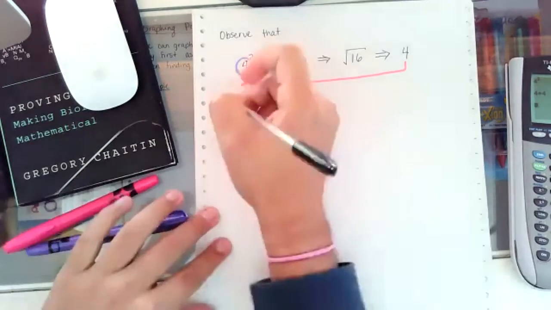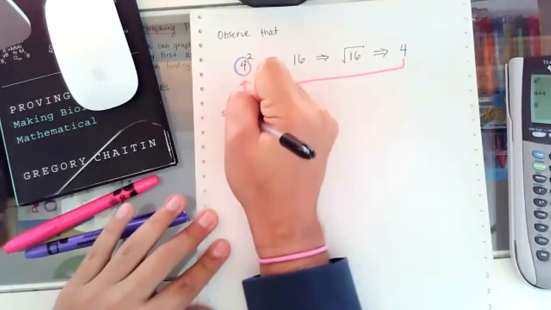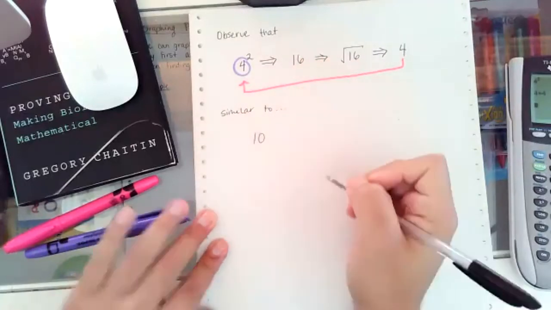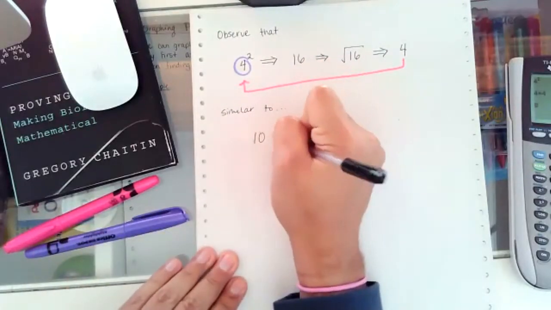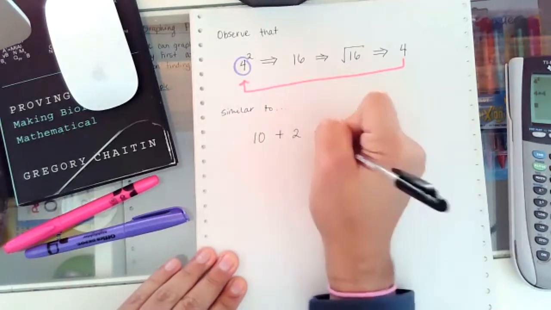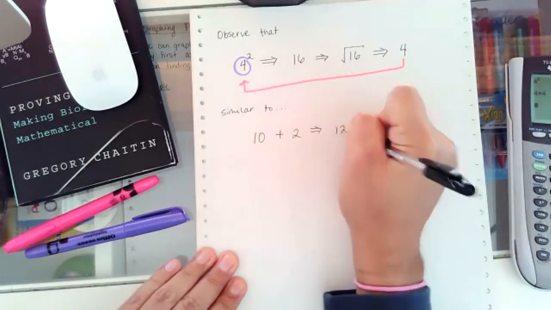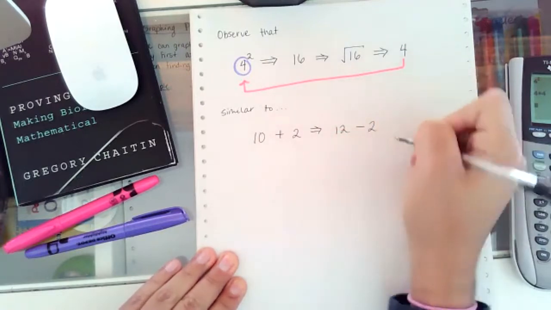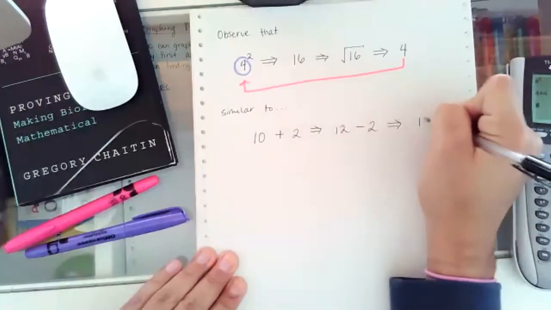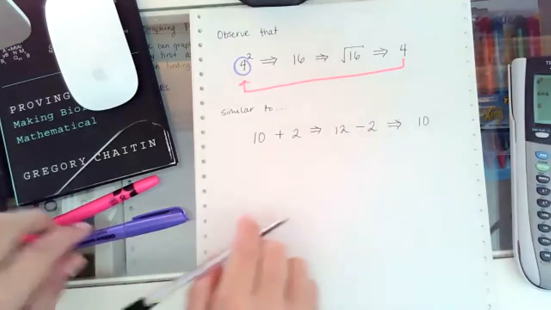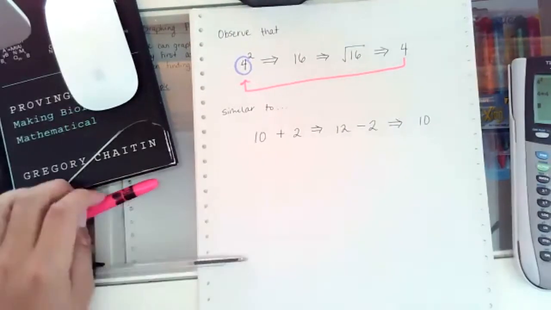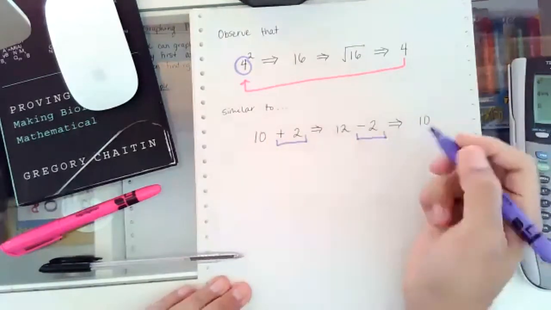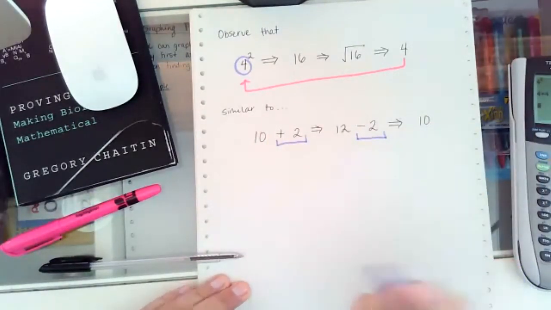In the same way that if we started at 10 and I added 2, that would take me to 12. And then if I was at 12 and I subtracted 2, it would take me back to my original 10, because adding 2 and subtracting 2 are opposite operations.